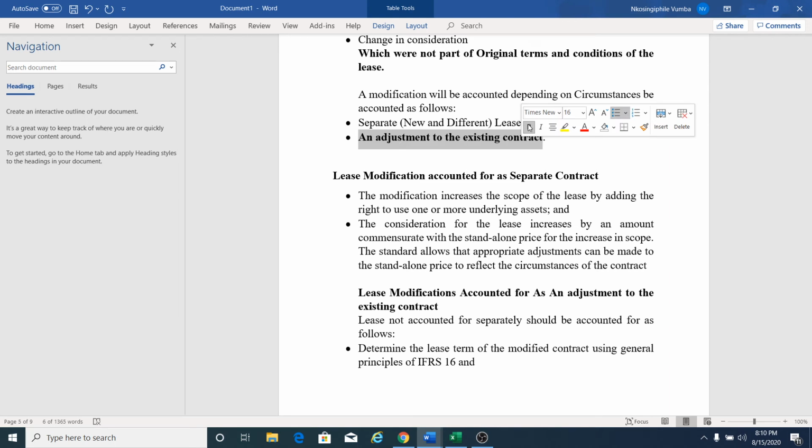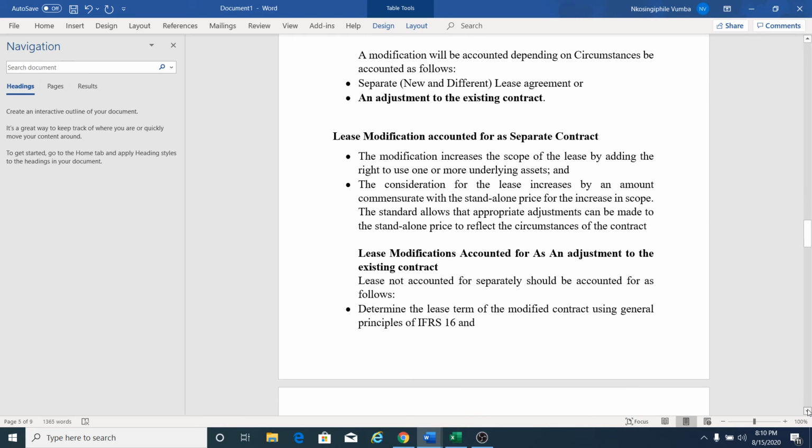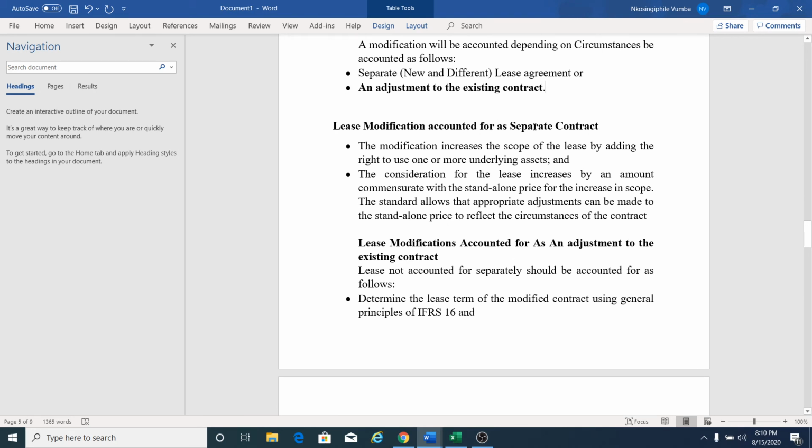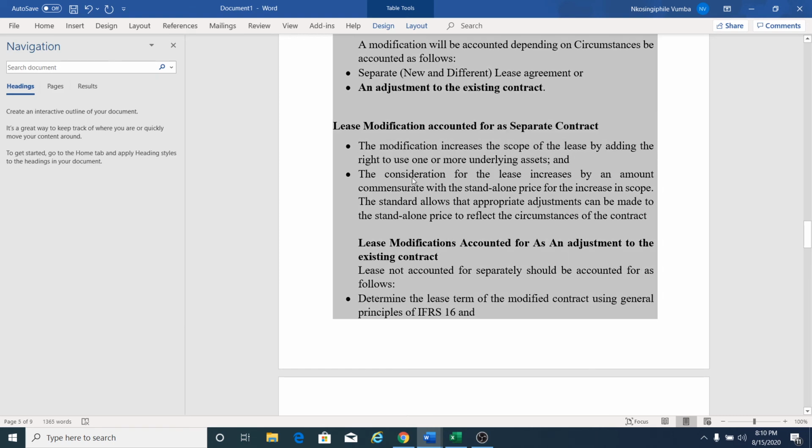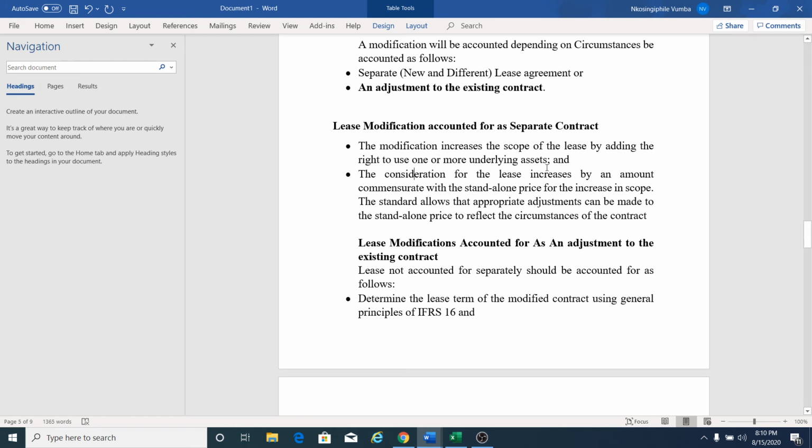Briefly, for a separate contract, the modification increases the scope of the lease by adding a right to use one or more underlying assets, and the consideration for the lease increases by an amount commensurate with, that is, substantially equal to, the standalone price for the increase in scope.